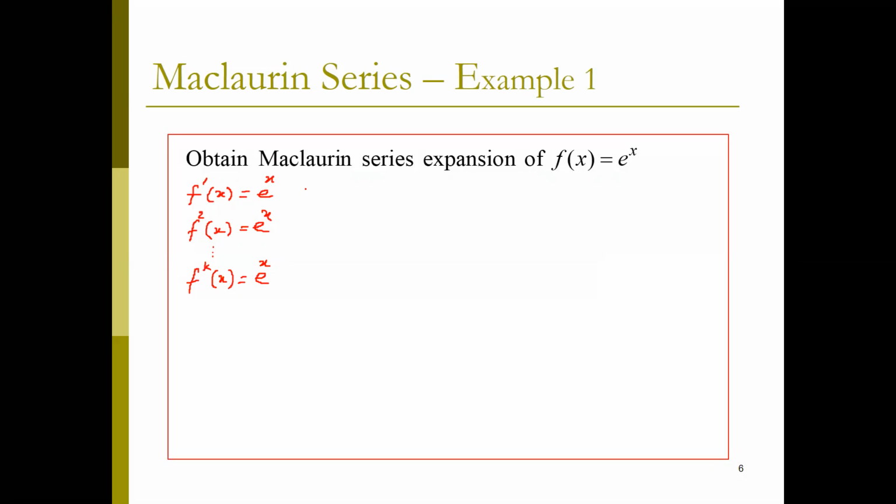But we have to calculate these at 0. The first derivative at 0 is e raised to the power 0, which becomes 1. The second derivative at 0 is again e raised to the power 0, which is 1. And the kth derivative at 0 is again 1. So all derivatives are 1.